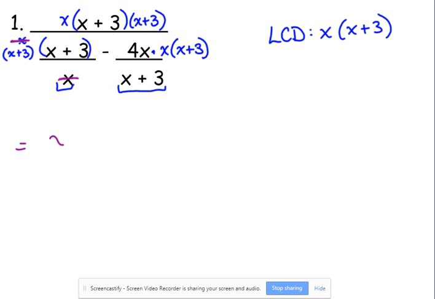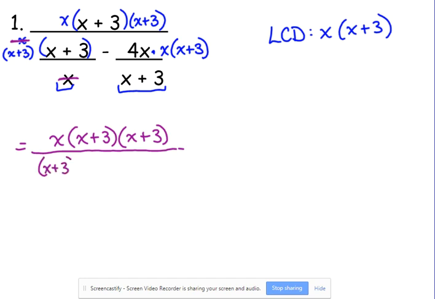Okay, so let me go ahead and start my next line, what I've got left. Nothing changed in the numerator because we didn't have a denominator. In the denominator, the x cancels, so we've got x plus 3 times x plus 3. Don't lose your minus sign. Okay.